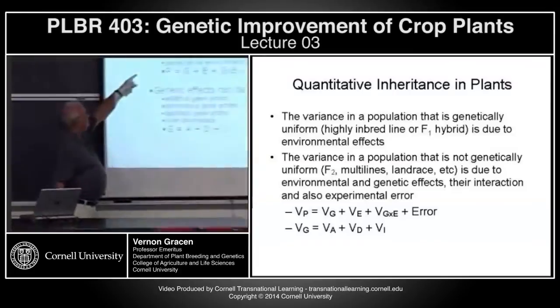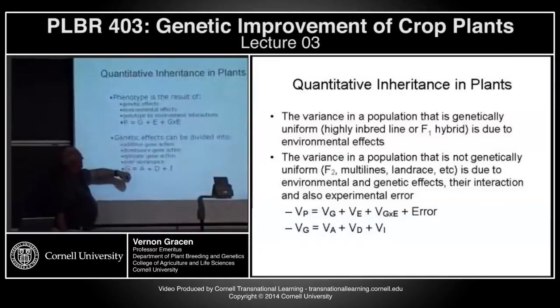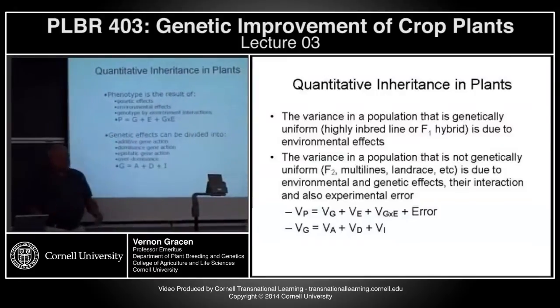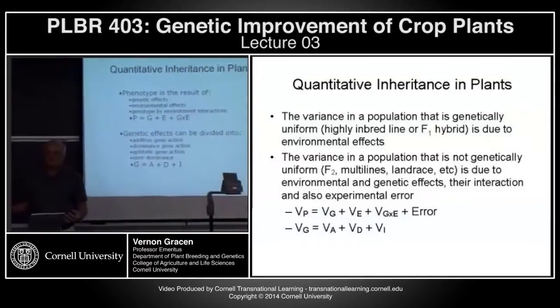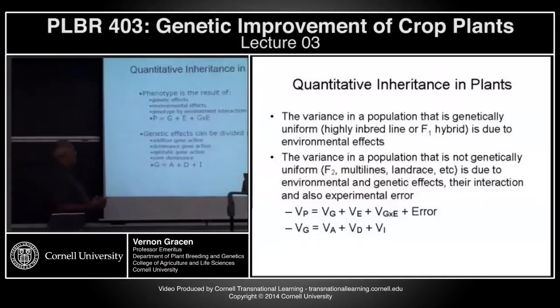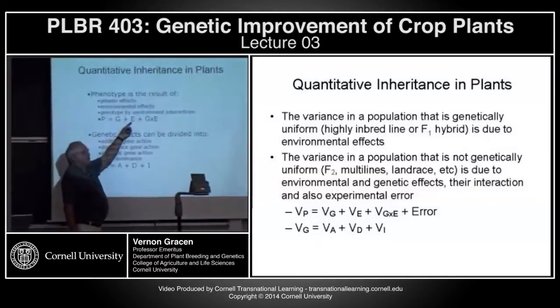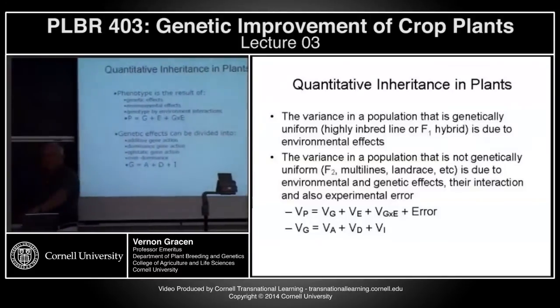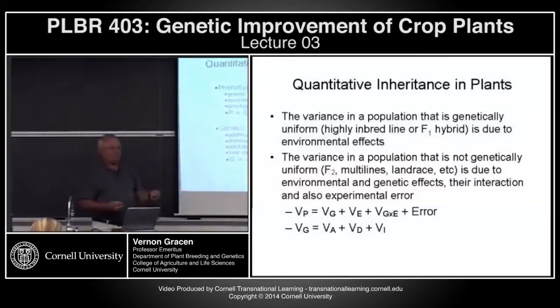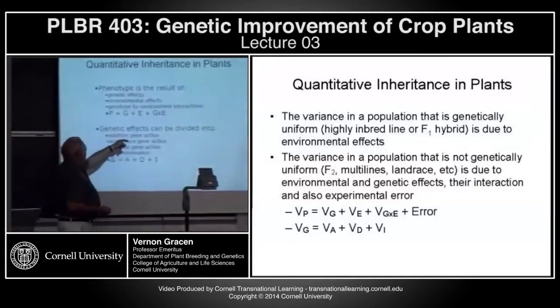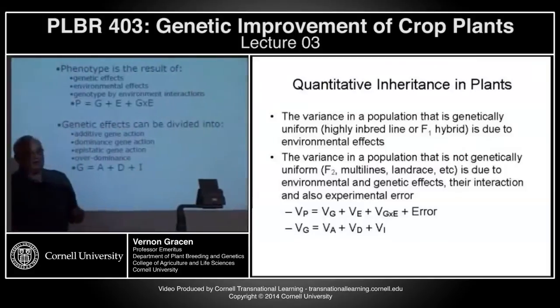So we know that the phenotype is due to whatever genetic effects we have. It's due to the genes in that individual, but it's also due to the environment acting on those genes, the environmental effects, and the genetic by environmental interactions.